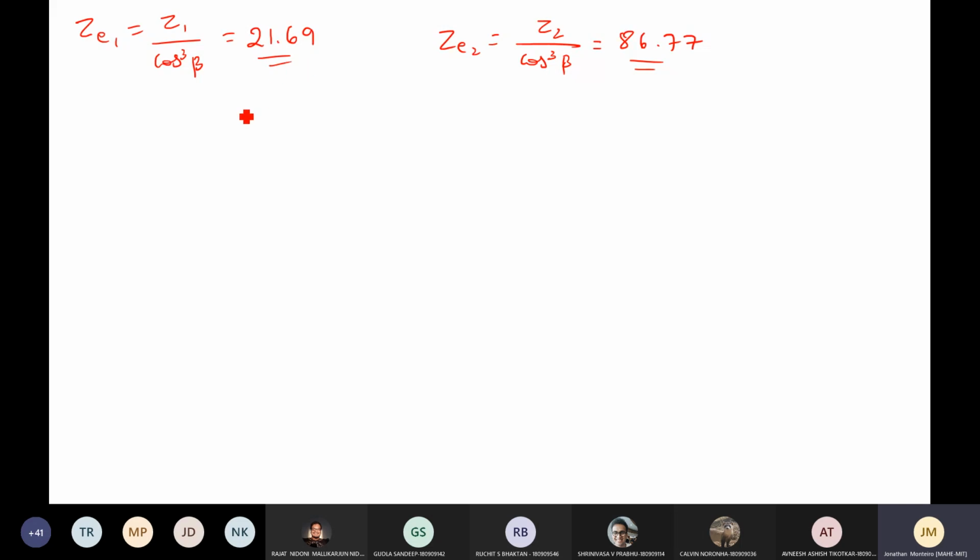Again, this is not a temporary assumption, it's a permanent assumption that we make for this particular problem. Y1 for 20 degree full depth is 0.154 minus 0.912 by ZE1. Similarly, Y2 is 0.154 minus 0.912 by ZE2. I may not write the equation numbers here again and again, just to avoid time delay.